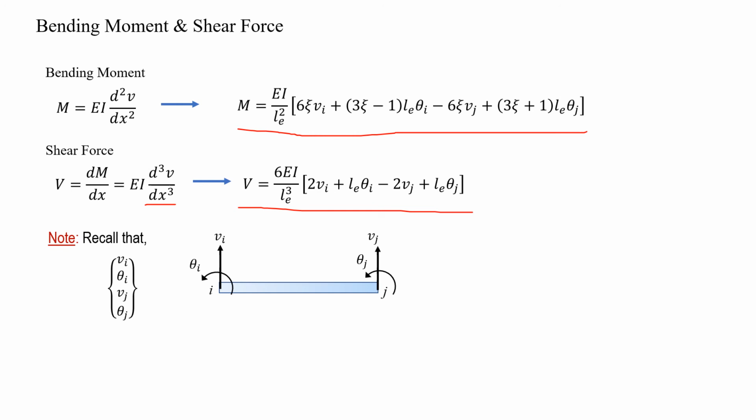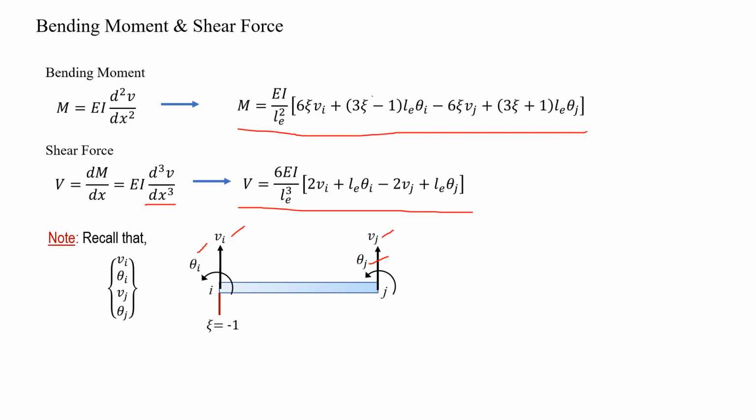In order to calculate the bending moment and the shear force, we need to know the displacement or deflection value at each node. The other parameter we have to know before we can calculate the bending moment is the value of the natural coordinate.